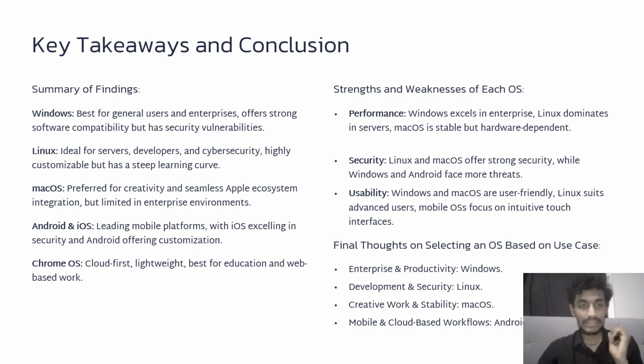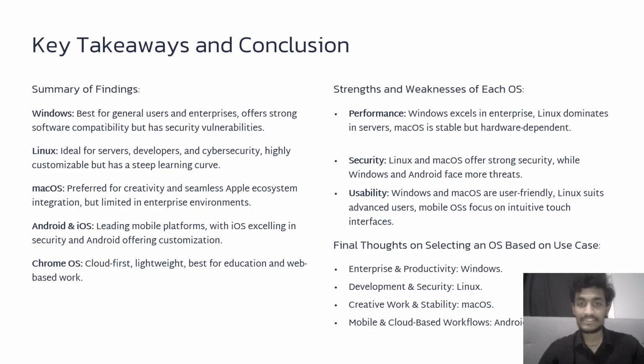It is highly customizable but has a steep learning curve. macOS is preferred for creativity and seamless Apple ecosystem integration, but is limited in enterprise environments. Android and iOS are the leading mobile platforms, with iOS excelling in security and Android offering customization. Chrome OS is cloud first and lightweight, best for education and web-based work.